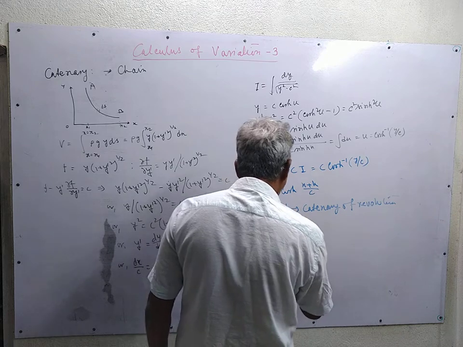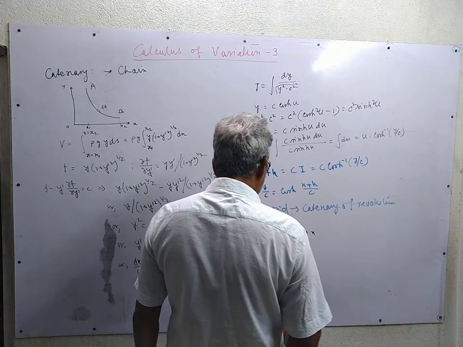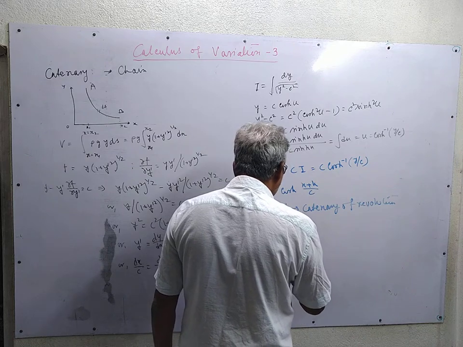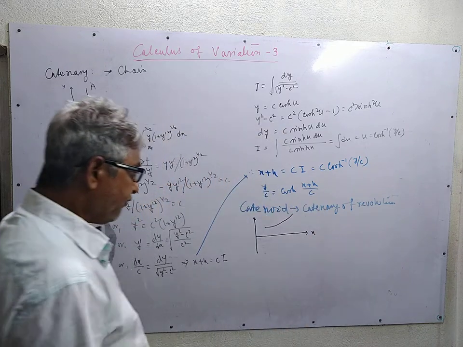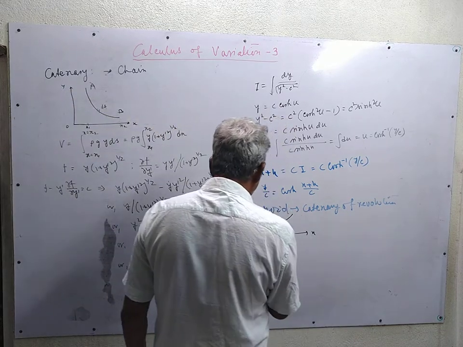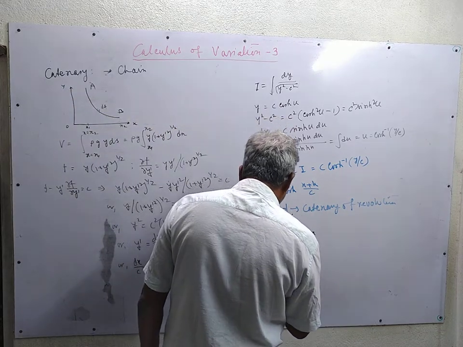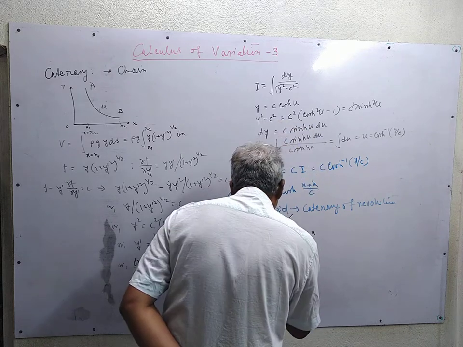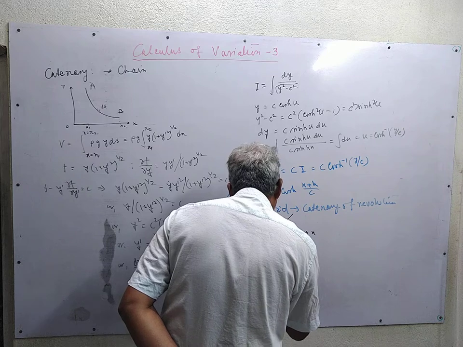We have 2 points, and we connect the 2 points by a curve of fixed length, and when we rotate this curve about the x-axis, a surface area is swept out.